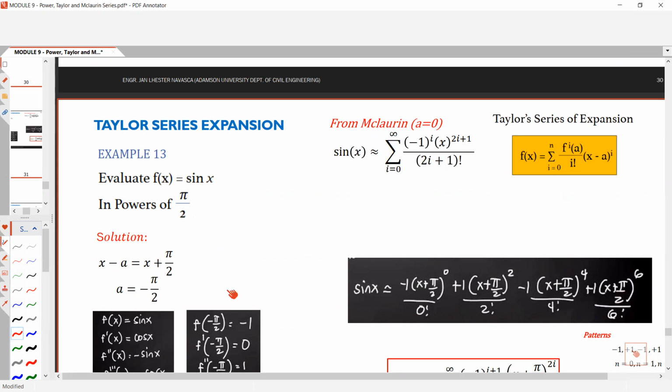So, x minus a is equals to x plus pi over 2. Then, substitute, a will be negative pi over 2. So, what is the value of a? That is negative pi over 2. So, therefore, yung power series expansion natin is centered at a is equals to negative pi over 2.